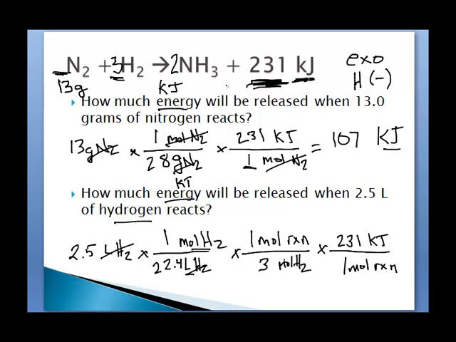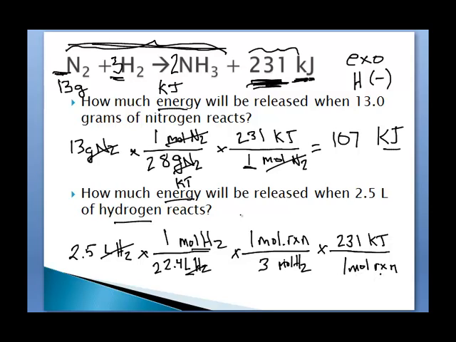The idea behind this is that you treat the whole reaction as one thing. So we say 1 mole of this reaction produces that much energy, and the coefficient, we say there's 3 moles of hydrogen per this whole thing. So that's where you'll see this idea of mole of reaction.